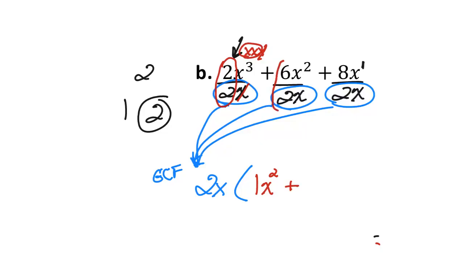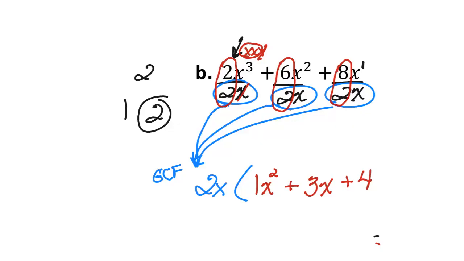Plus 6 divided by 2 is 3. X to the second divided by x. How many x's do I have left? 1. And lastly, plus 8 divided by 2 gives you 4.